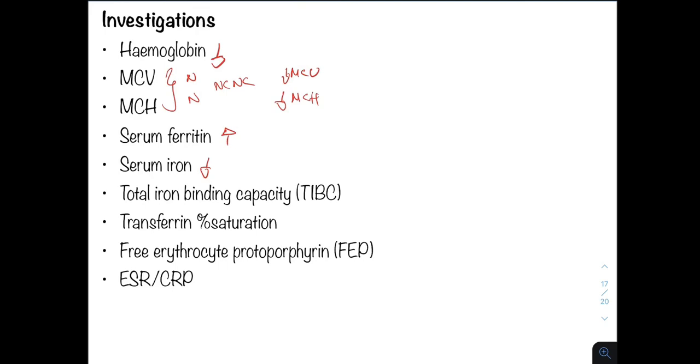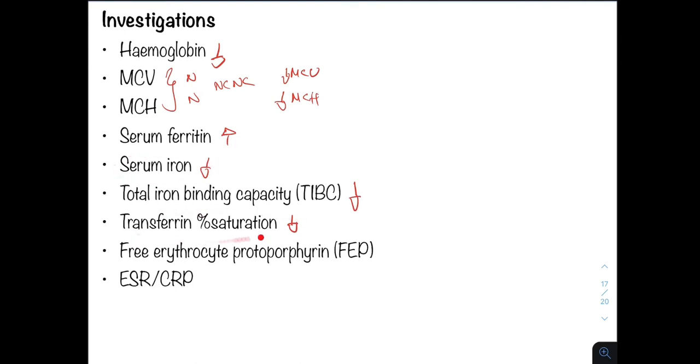The total iron binding capacity, remember we said that this is always opposite to serum ferritin. So in this case, serum ferritin is high, so the TIBC would be low. And this is because the body knows that there is a lot of iron locked up in storage, so it decreases its transferrin synthesis, so less iron is picked up. Transferrin saturation would be low, because remember serum iron is low.